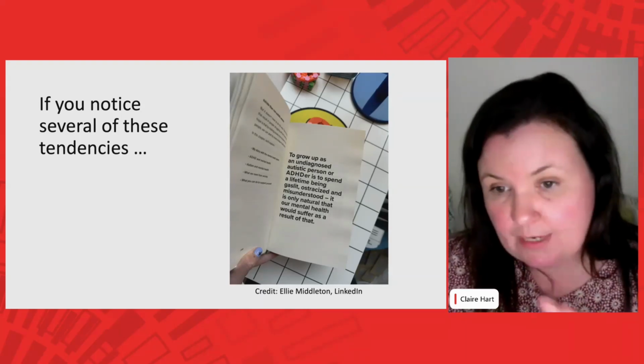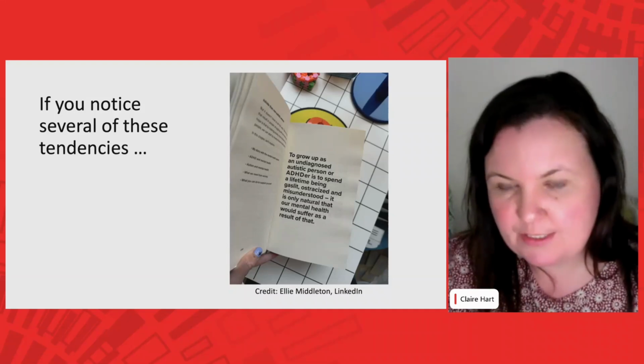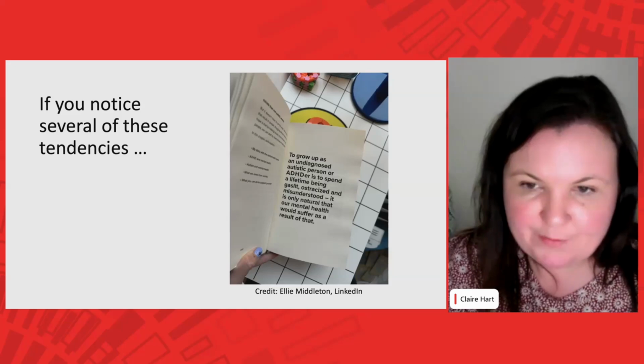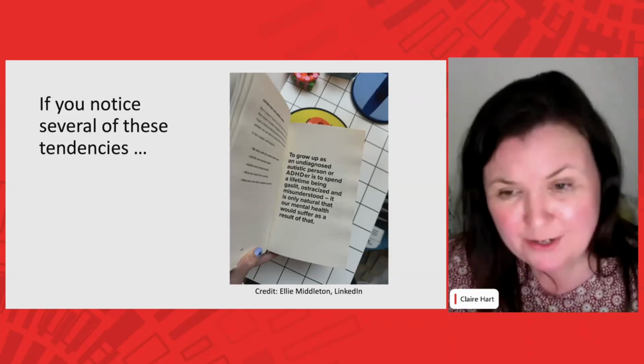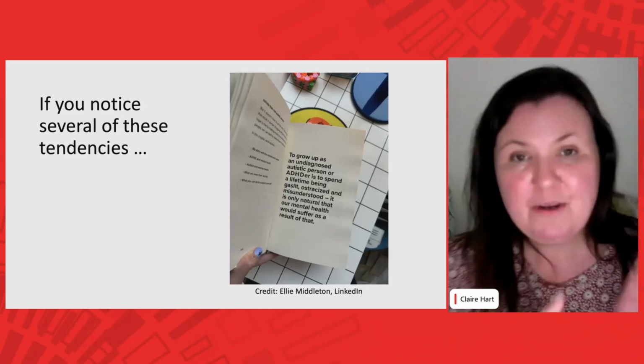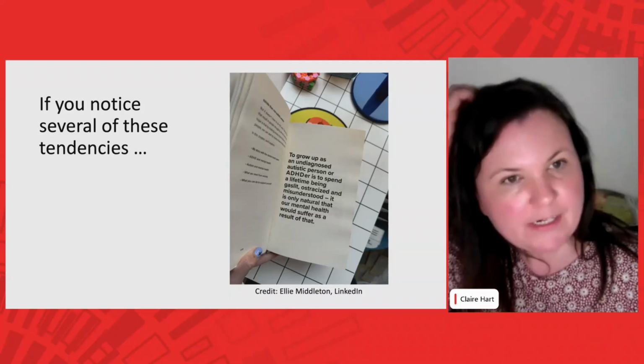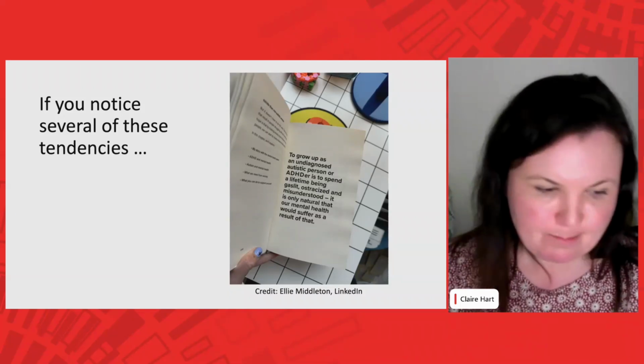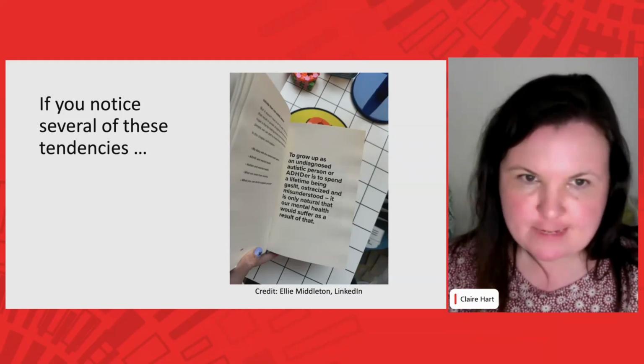It is only natural that our mental health would suffer as a result of that." So people's mental health is going to suffer if they're not diagnosed. So doing what you can to help them to become diagnosed, if you notice these tendencies, is only going to do them good.